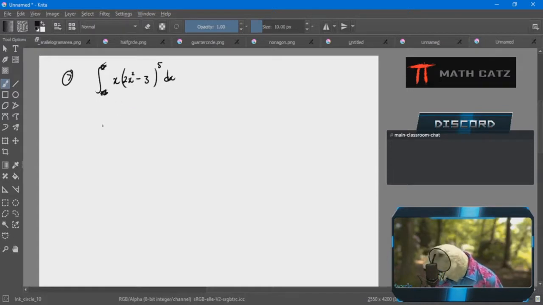The fact that I have some numbers here, making this a definite integral, doesn't change that fact. Now I have two ways to go.